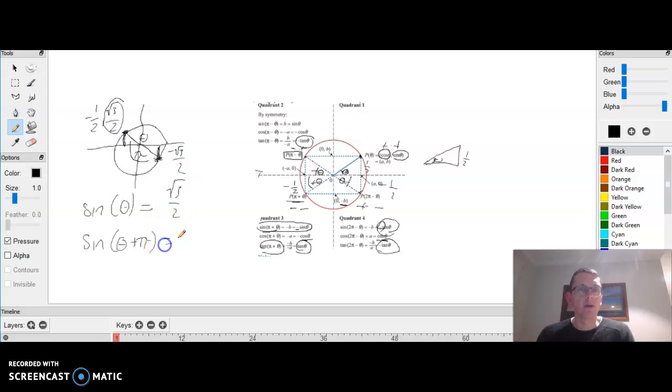If we look at cosine, which is the x, cosine theta would equal negative a half. But if I looked at cosine of theta plus pi, if that was negative half over here, I'm adding a whole pi onto it. Now it's going to be in the positive quadrant. Therefore, that would equal a half.